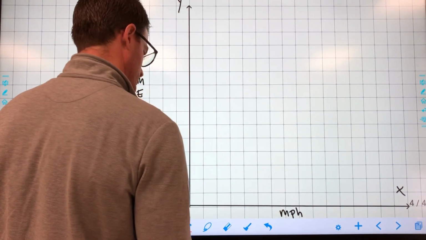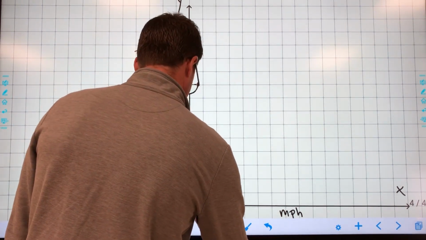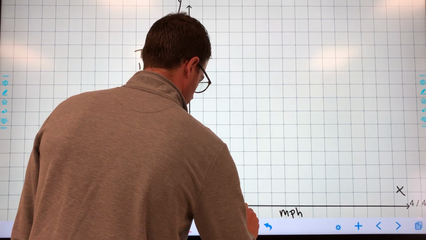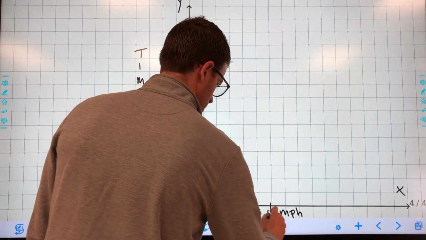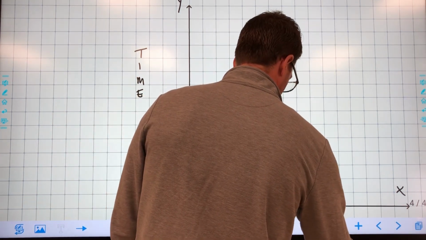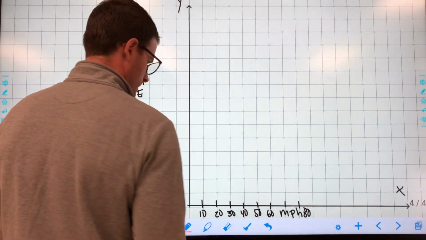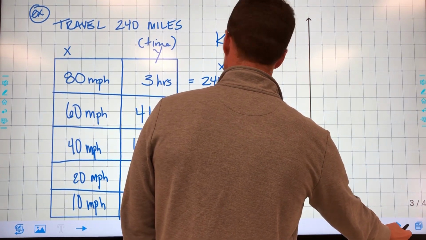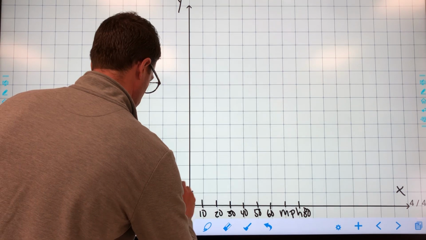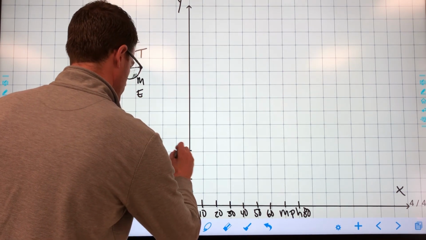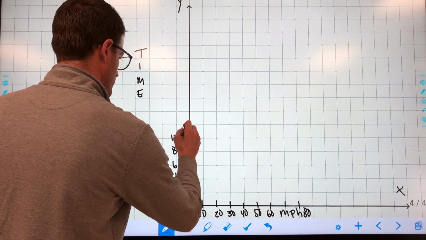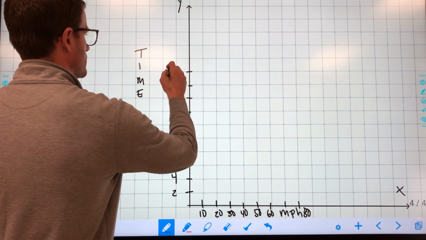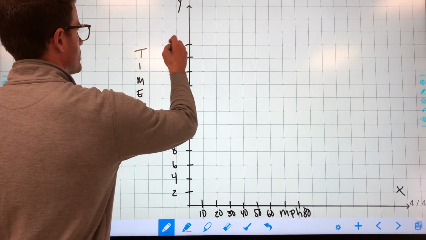So we'll go by 10, 20, 30, 40, 50, 60, 70, 80 for speed, and by twos for time: 2, 4, 6, 8, 10, 12, 14, 16, 18, 20, 22, 24.